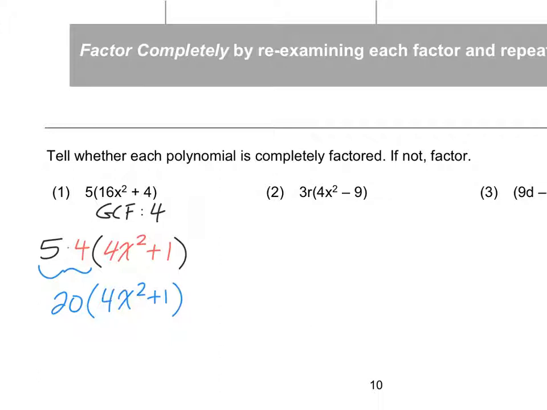Odds are you forgot to pull out GCFs. So it's something that you always have to be asking yourself: is there a GCF that I can pull out? If you ask yourself the question, that's half the battle right there. So just constantly ask yourself the question, can I pull out a GCF?